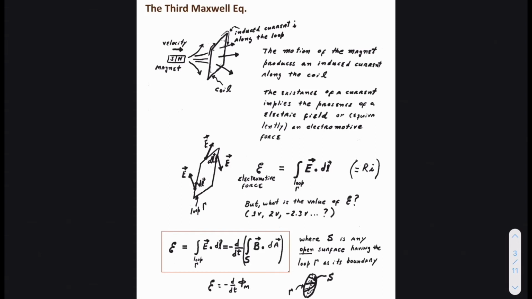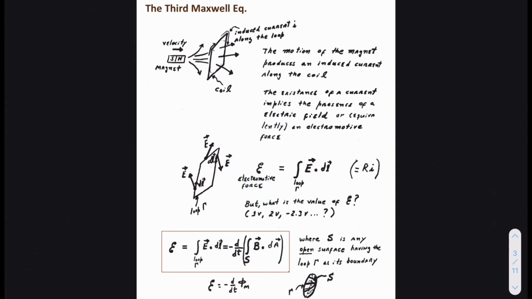This movement of the magnet will create an induced current in this loop. Now, this induced current implies that there is an electric field or equivalent electromotive force present here. The relationship between this electromotive force and electric field is given by this equation.